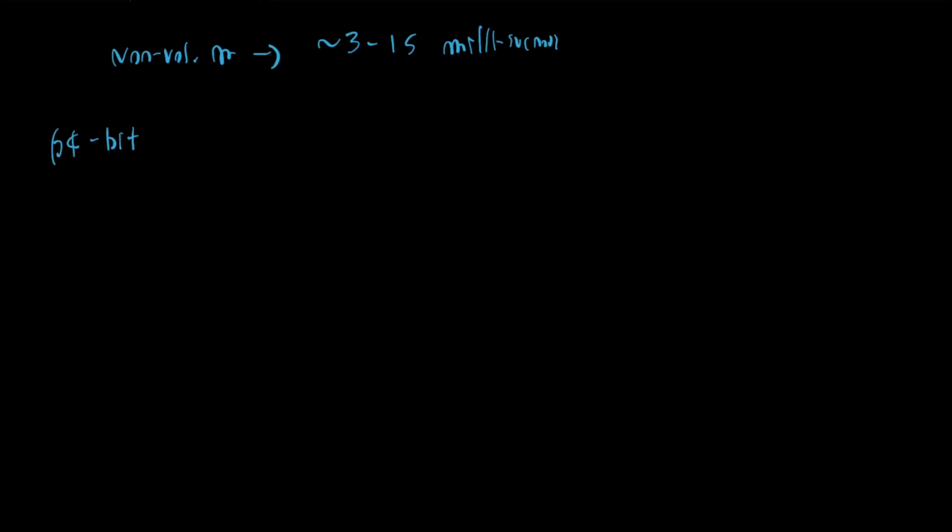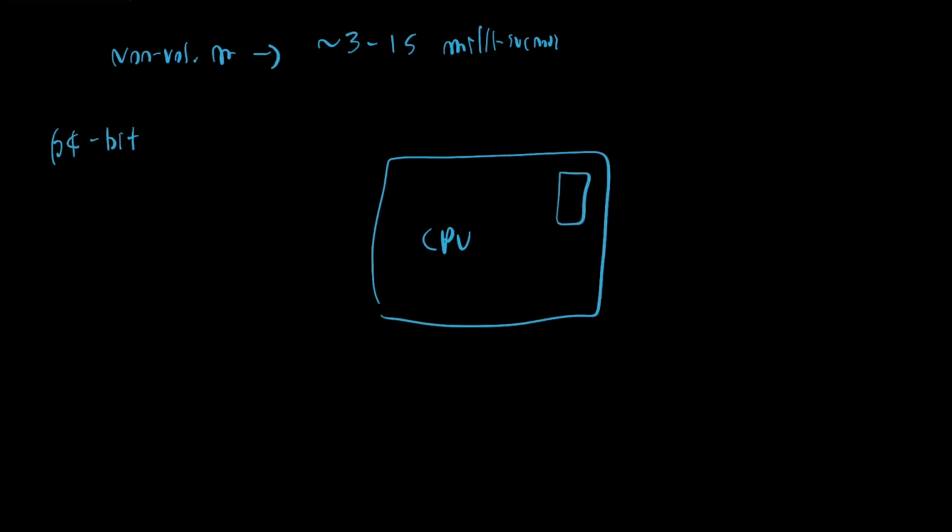Because of course CPU registers, depending on the architecture, can store a variable amount of bits. So in 32-bit computers, the registers will store 32 bits, whereas in a 64-bit computer, the registers will store 64 bits. That means 64 zeros and ones.